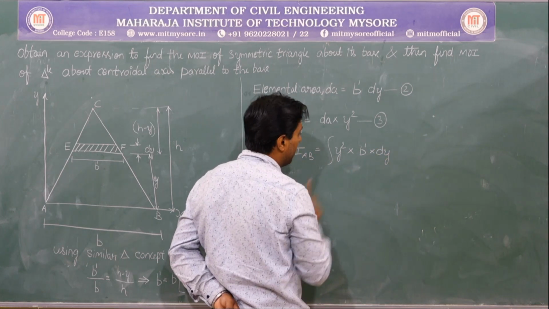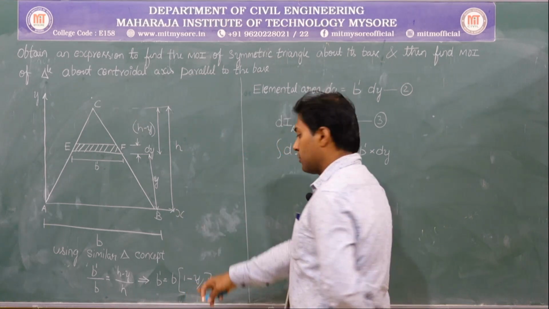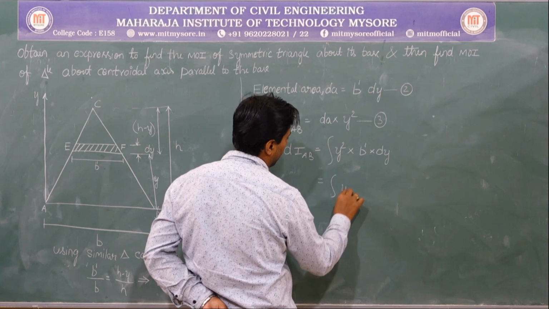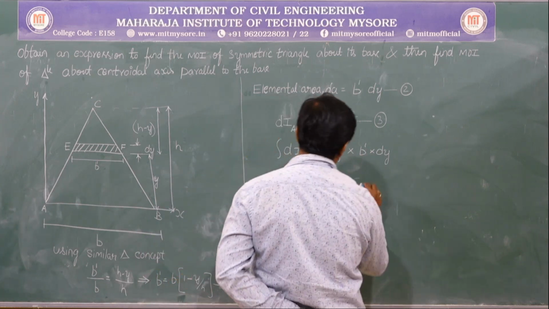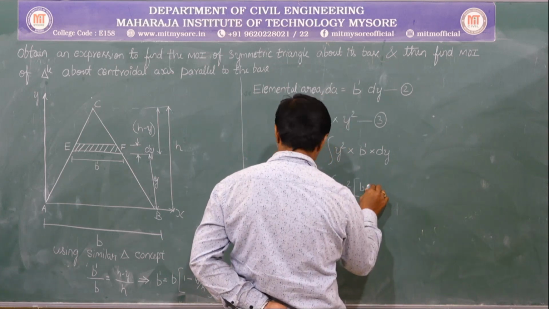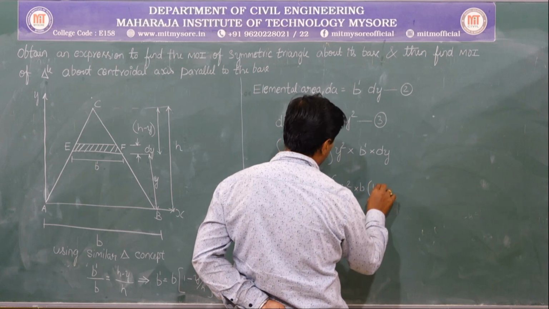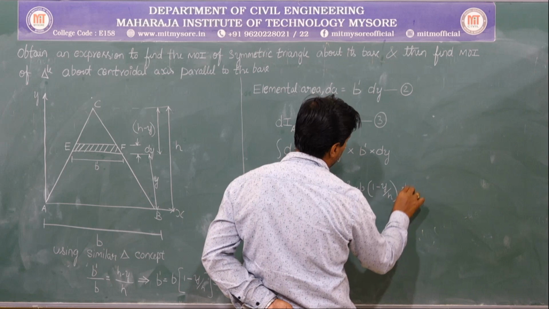Now, what is that b dash? From 1, b dash is b into 1 minus y by h. So integral of y square, into b into 1 minus y by h into dy.